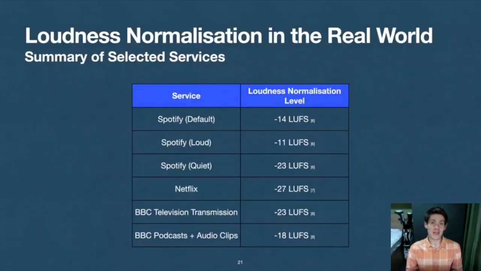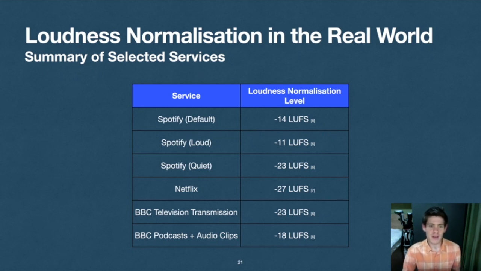That's essentially how Spotify goes about loudness normalization. Here we are back with the slides, and what we did there was normalize loudness to Spotify's default level, and really the process would be the same for all the other services as well. The only difference is we might be normalizing to a different level.